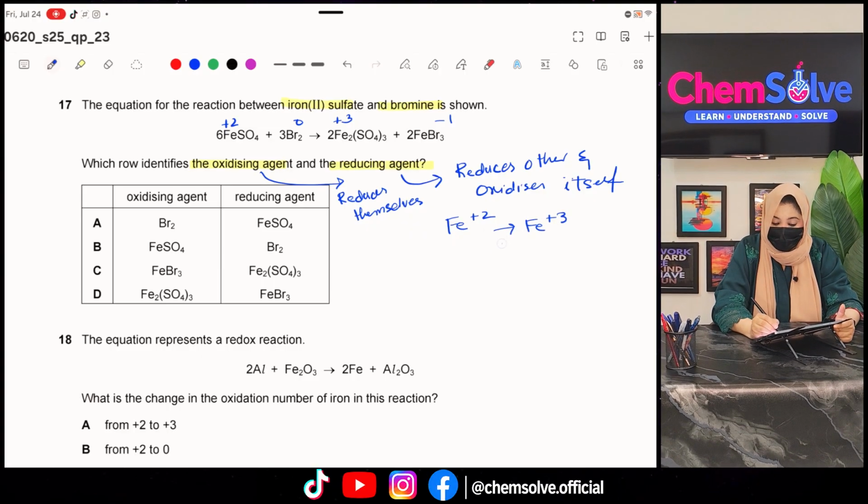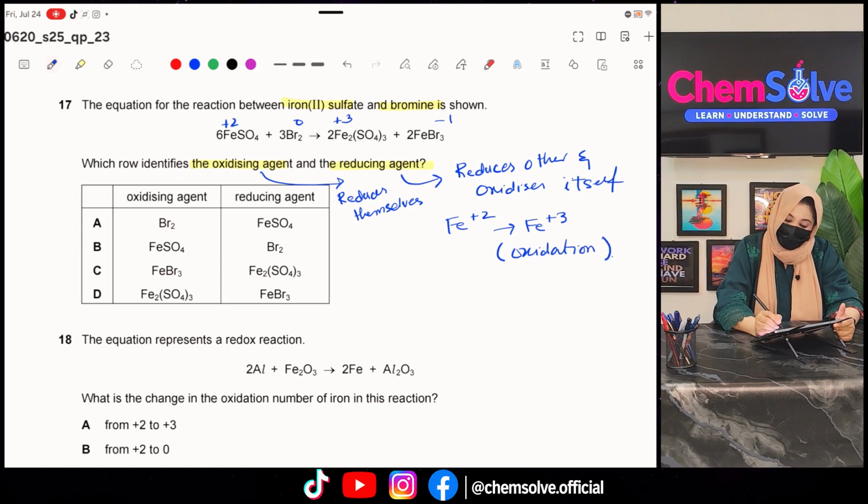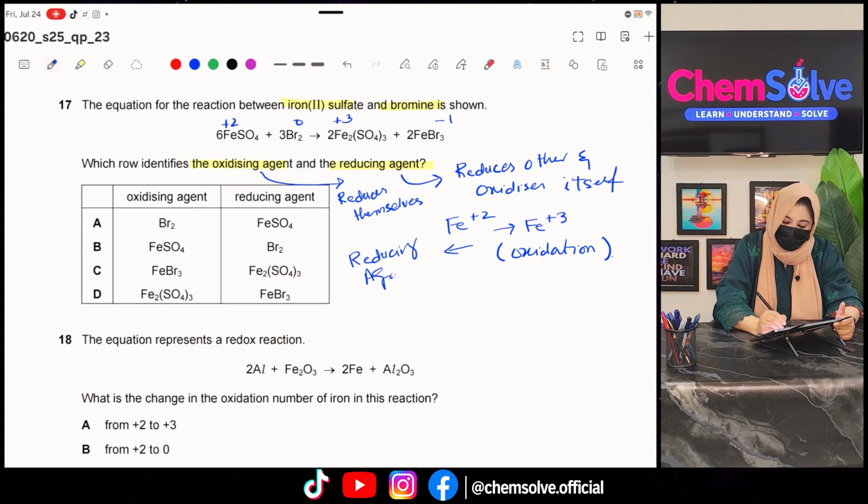So iron changes from positive 2 to positive 3. Increase in oxidation number is oxidation. So iron is being oxidized. That's why it is a reducing agent. While bromine changes its state from 0 to Br -1, this is reduction.